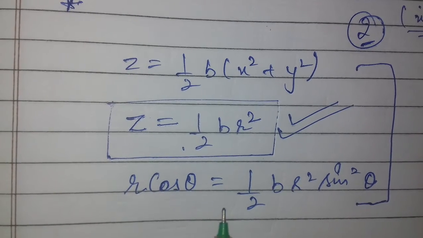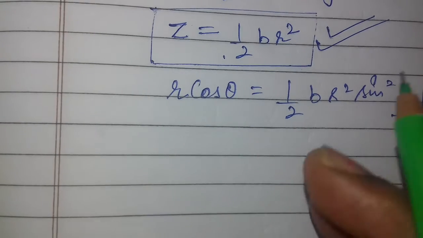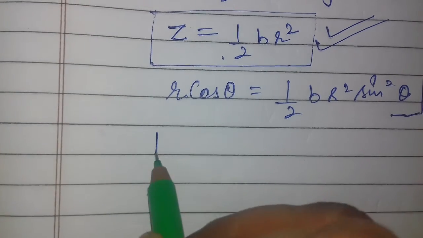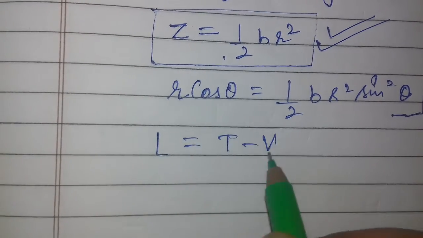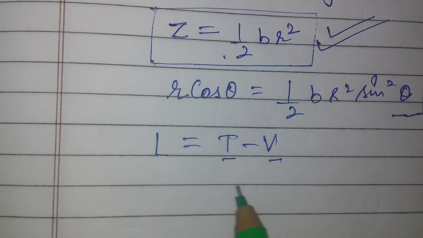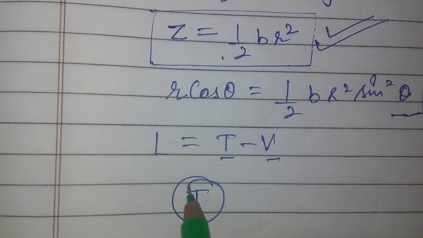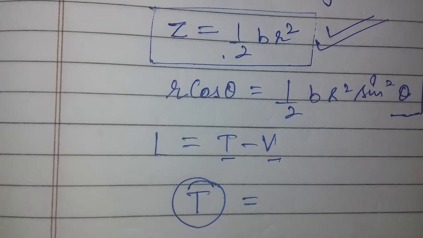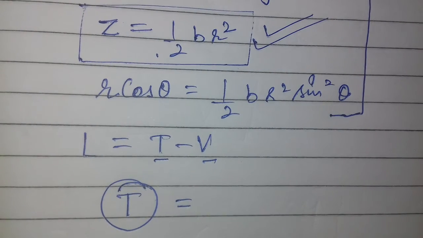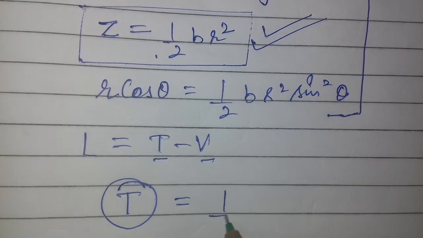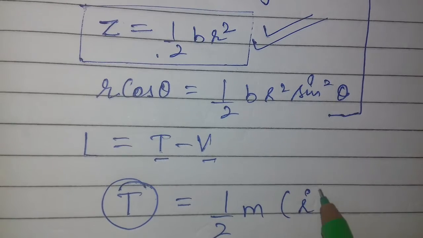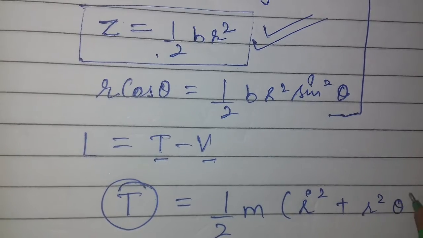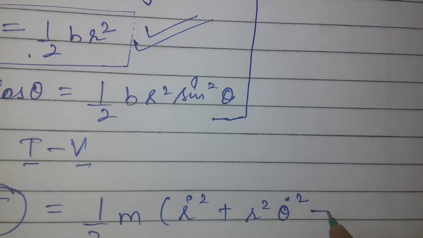For writing the Lagrangian you must write 2 components, T and V. Always deal with T first, because you have memorized those equations. So in the cylindrical system, what is the expression for T? That is half m times r dot square plus r square theta dot square plus z dot square.